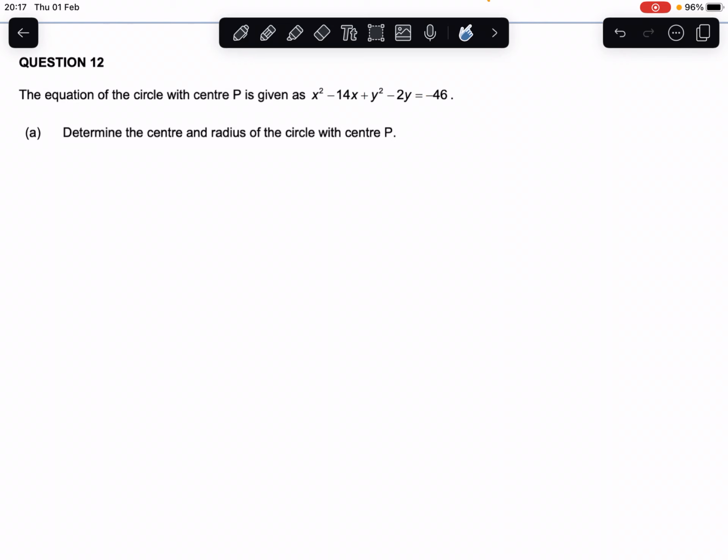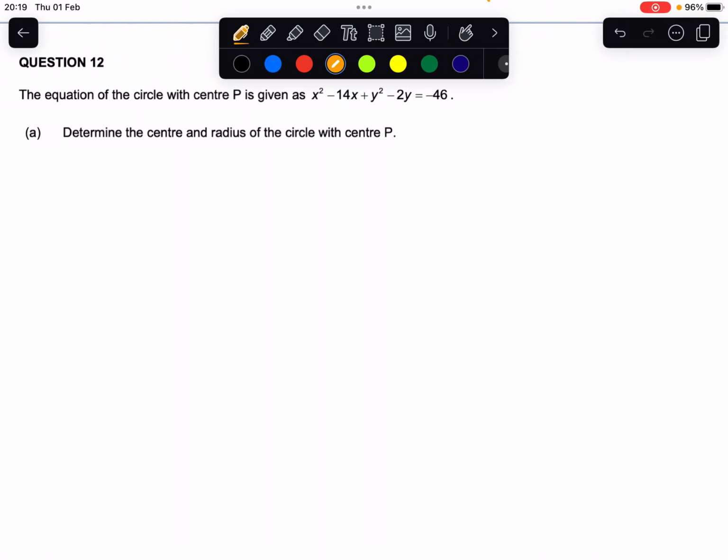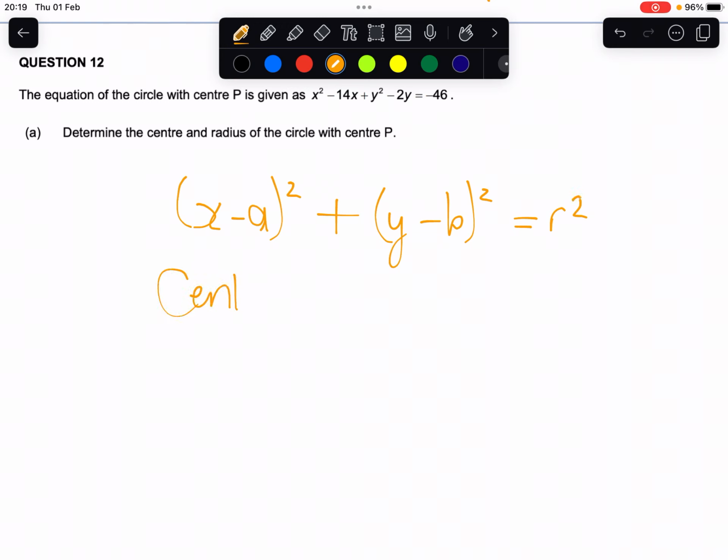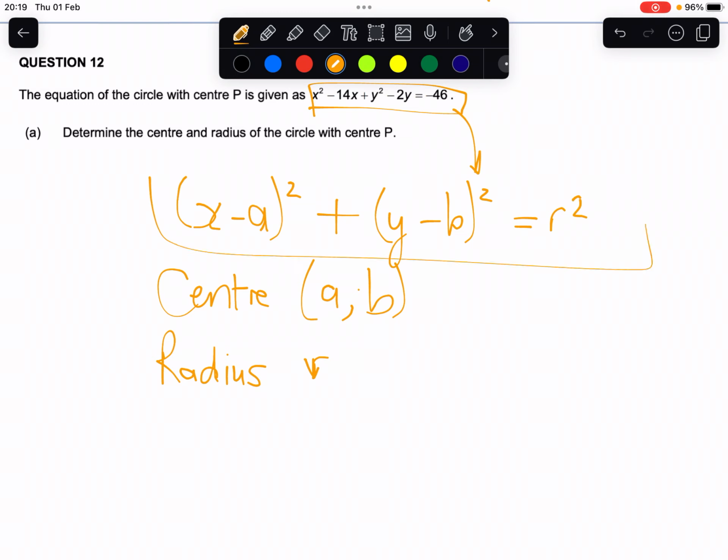We are going to use the method of completing the square, because we want the equation to look like this, because once it looks like that, we then know that the center of the circle will be (a, b) and the radius will be r. So we want to get this equation to look like that.